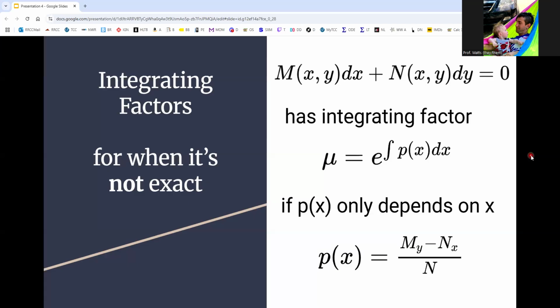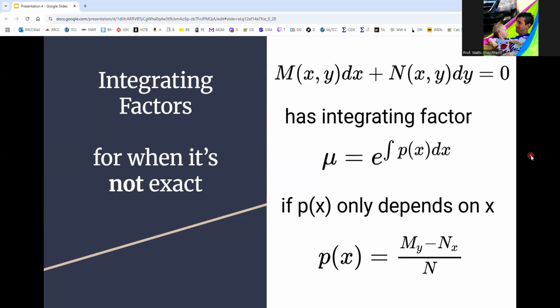If a differential equation is not exact, all hope is not lost. We can find the so-called integrating factor. The integrating factor is represented in the Trench book by the Greek letter mu, and is equal to e to the integral of p of x dx, where p of x is given by (m_y minus n_x) over n, if that only depends on x.